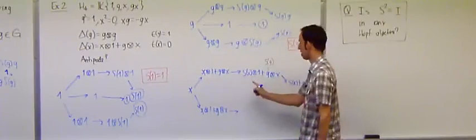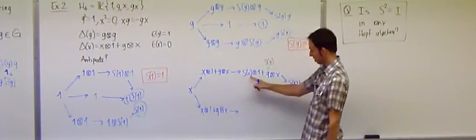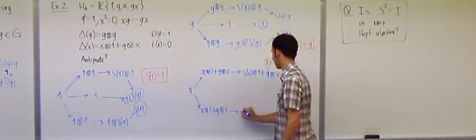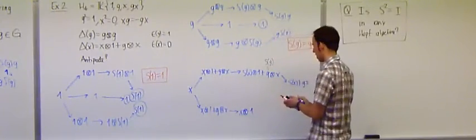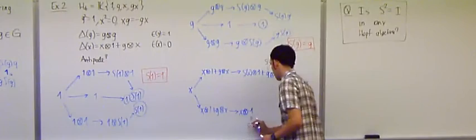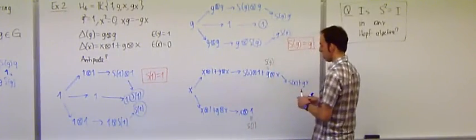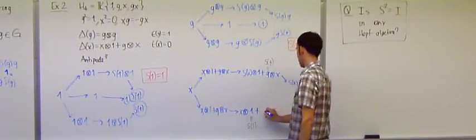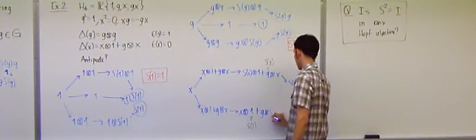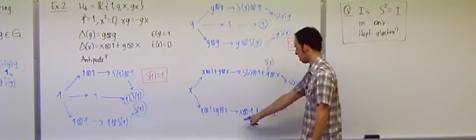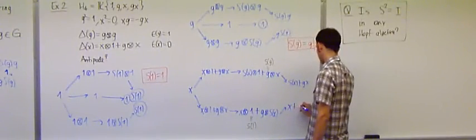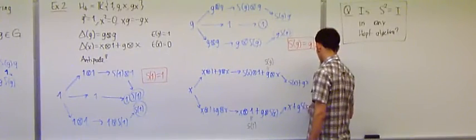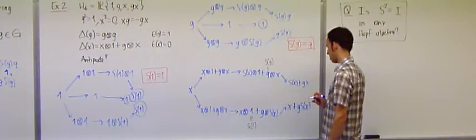Now I go this way. I get to apply the antipode on the right-hand side, so I get X tensor S of 1, but S of 1 is 1. So here again, I'm plugging in S of 1 plus G tensor S of X. And when I apply the product, I get X plus G S of X. And now I go this way.